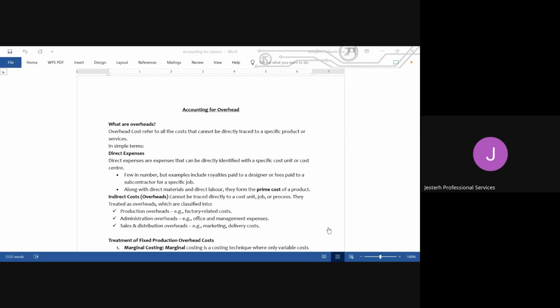And then we talked about the different approaches to calculating labor remuneration: the time rate system and the piece rate system. And we were able to solve equations relating to one of the remuneration methods.